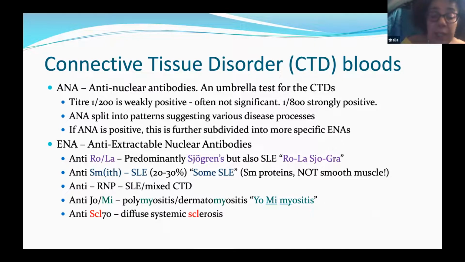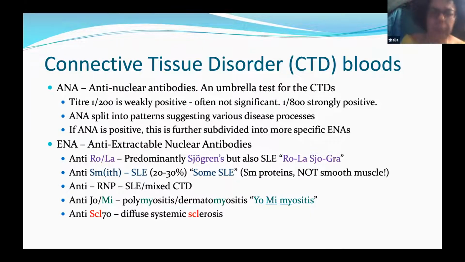Anti-Smith antibodies, they are seen in lupus. RNP, ribonuclear protein, anti-ribonuclear protein antibodies indicate mixed connective tissue disease. Mixed connective tissue disease does not mean a bit of everything.